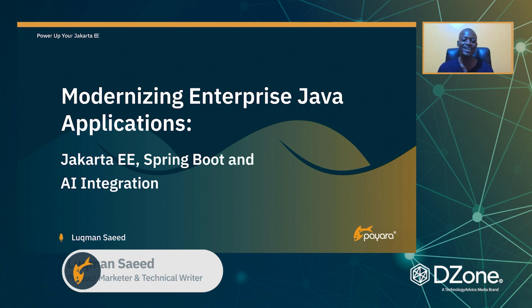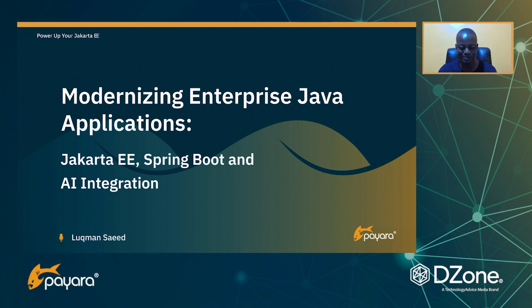This exciting collaboration with DZone, talking about arguably the hottest tech topic since the NoSQL days, AI in enterprise Java. So let's just dive into our slides here and start our discussion with enhancing enterprise Java applications with Gen AI.